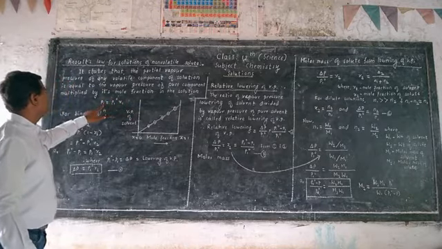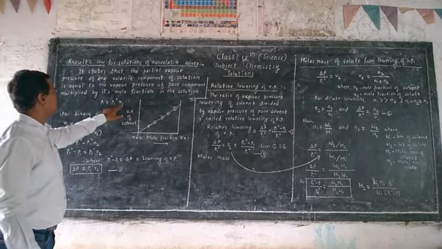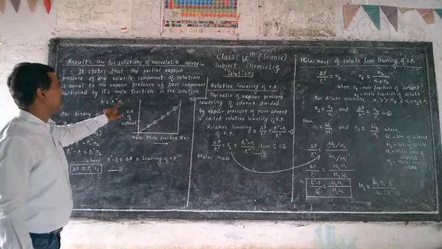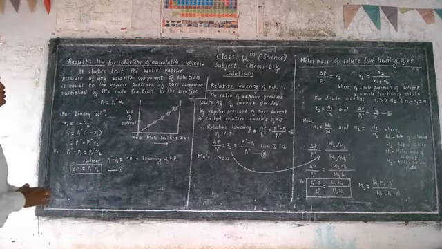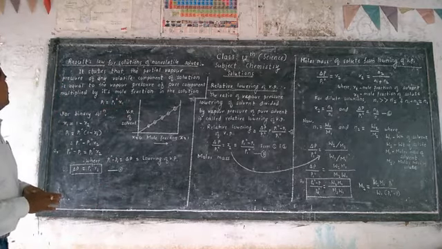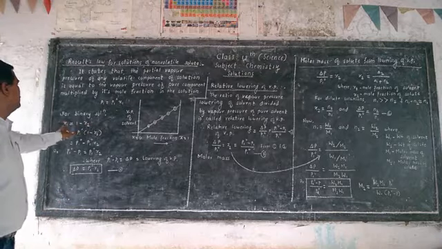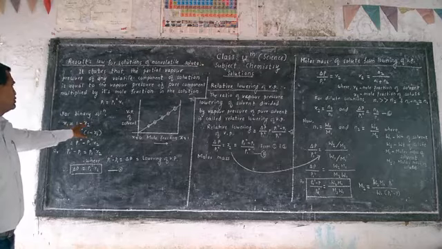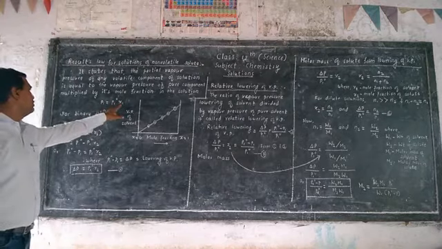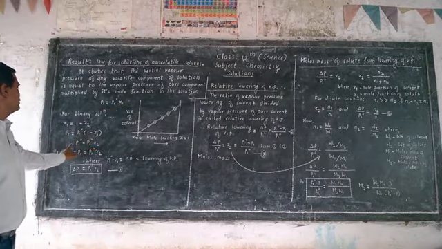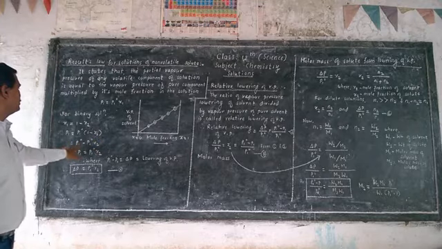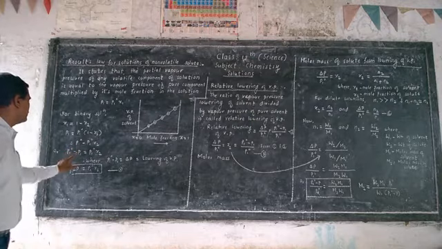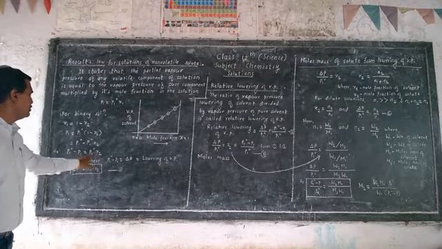So P1 equals P1° into X1, where P1° is the vapor pressure of the pure component and X1 is the mole fraction of the pure component, like the solvent. Then for a binary solution, X1 plus X2 equals 1, so X1 equals 1 minus X2. So P1 equals P1° minus P1° into X2. Rearranging, P1° minus P1 equals P1° into X2.